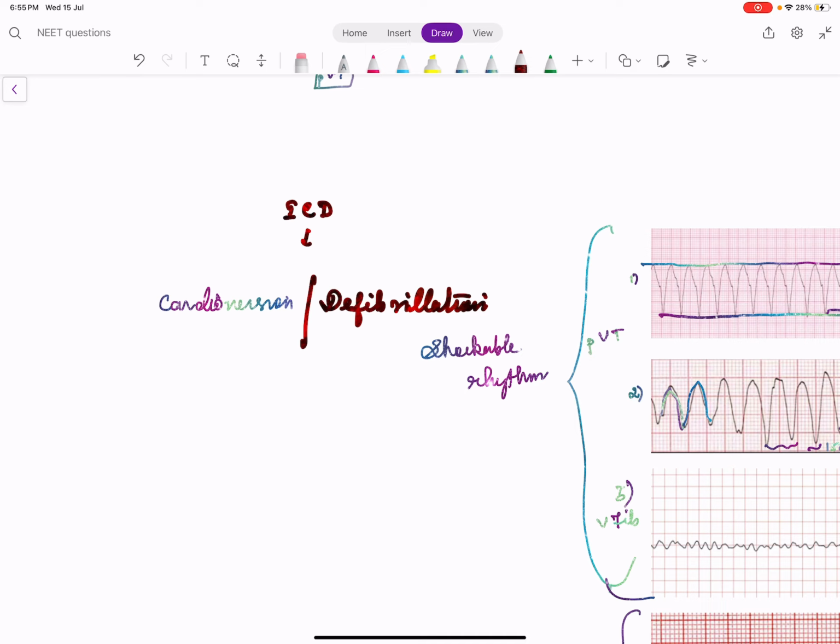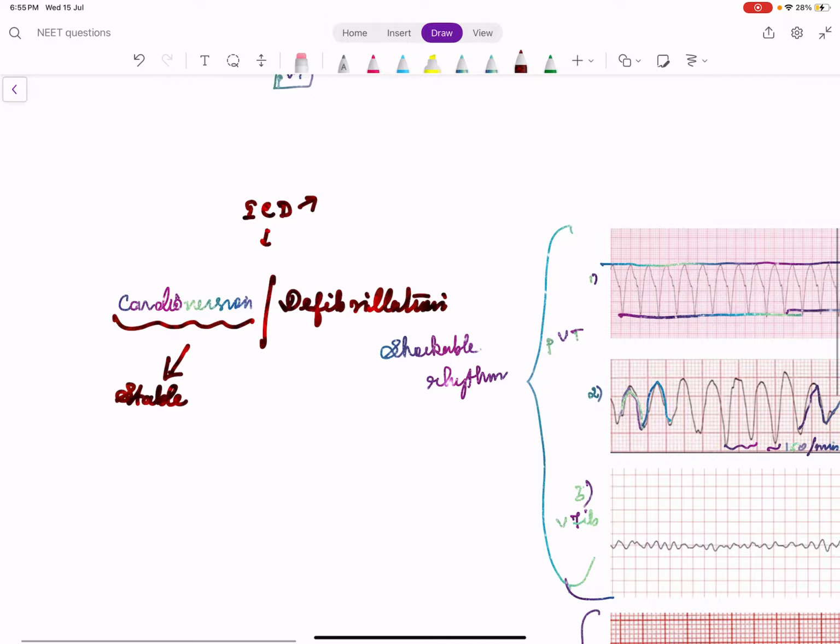Implantable cardioverter defibrillator. Cardioversion, just remember here the patient is stable. Even though they have some arrhythmias, the patient is stable, means they are not going in for arrest or they don't have hypotension. Then it is called DC shock or cardioversion.